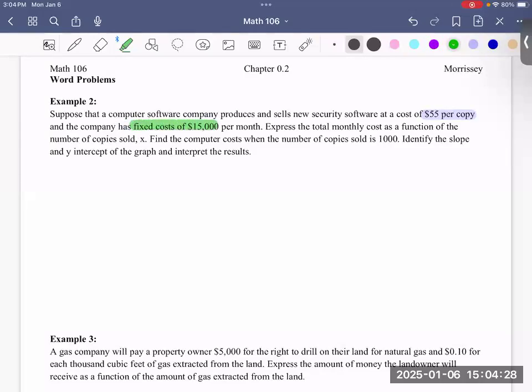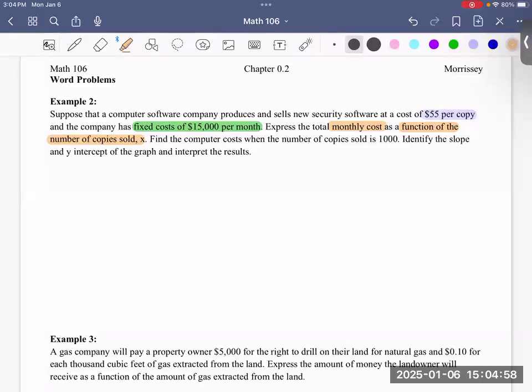Hopefully I said 15 per month. So express the total monthly cost as a function of the number of copies sold. Find the computer cost when the number of copies sold is 1,000. Identify the slope and the y-intercept and graph the results.